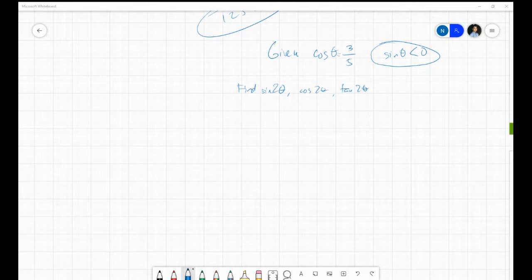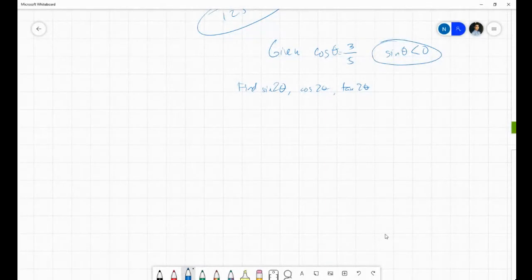Okay, Ain? Is it so that we know that it's in a specific quadrant? Yeah, if sine is negative and cosine is positive, it has to be in quadrant 4. Exactly. Okay. So we know that theta is in quadrant 4.